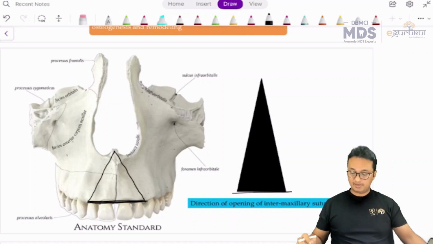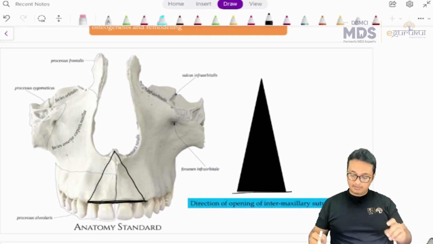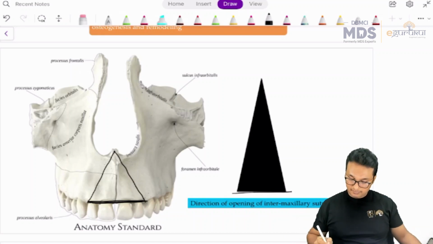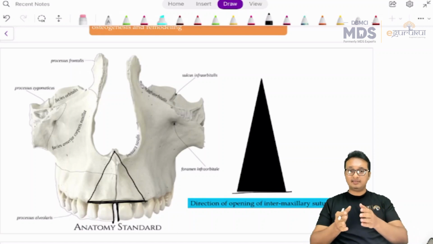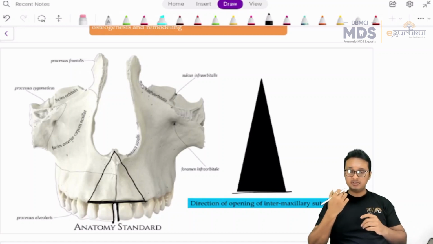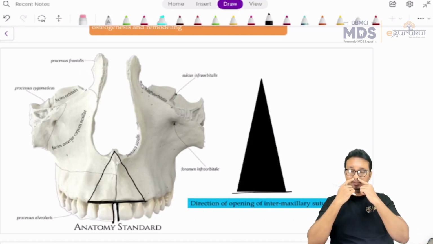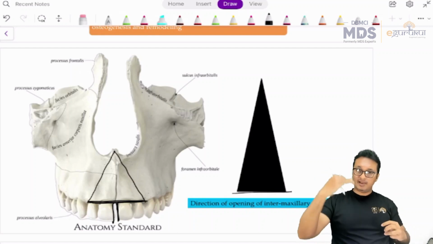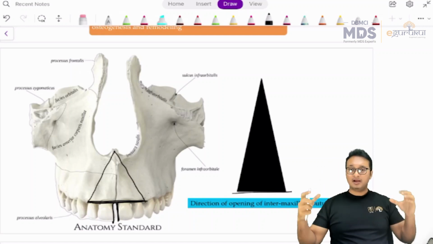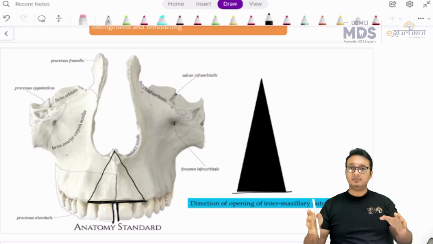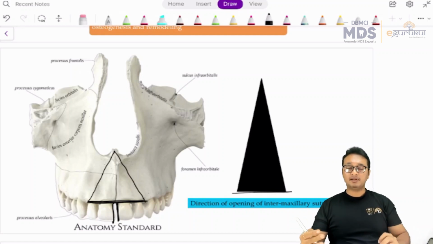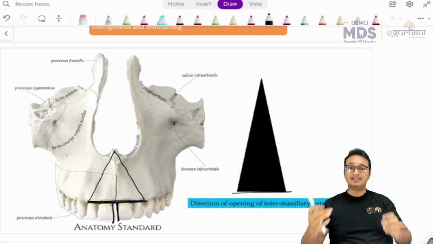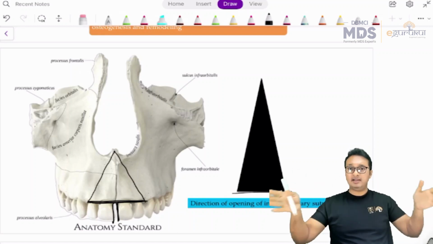So that means whenever the maxilla is separated, we see the development of a midline diastema here, and a greater amount of maxilla is separated in the alveolar region, and a lesser amount is separated in the nasal floor region. The reason being, as we go higher in the maxilla, its articulations with so many different bones increase. That's why it becomes more and more difficult to separate the entire maxilla in a sideways direction.